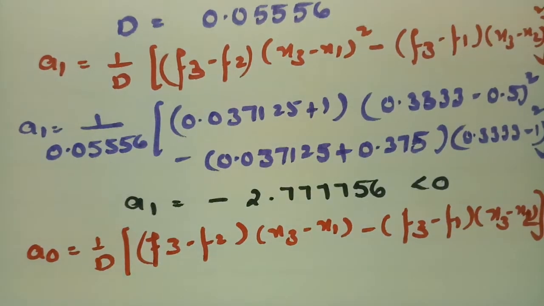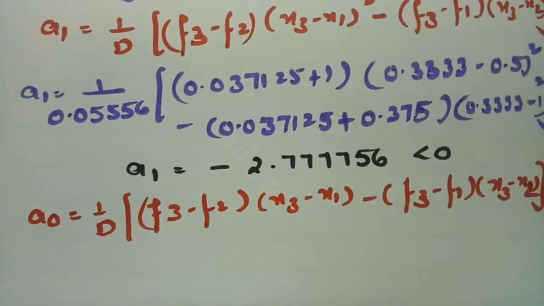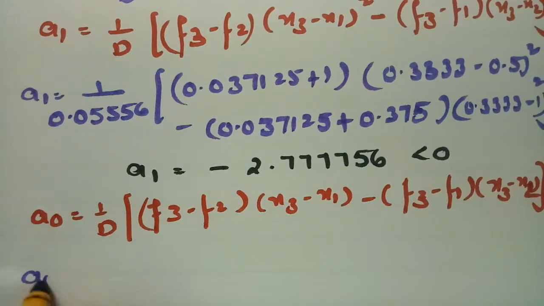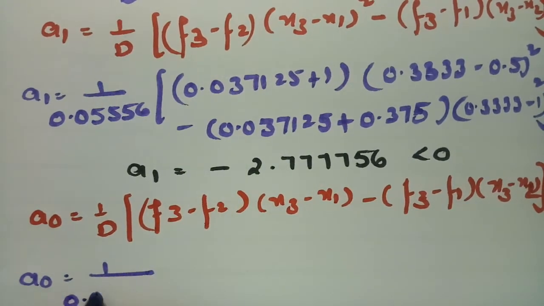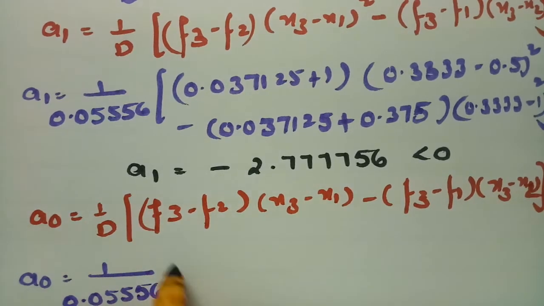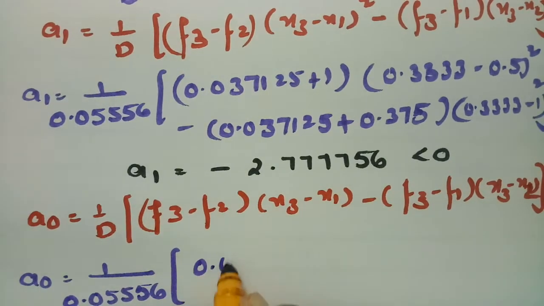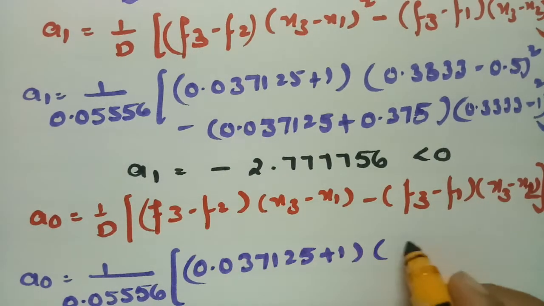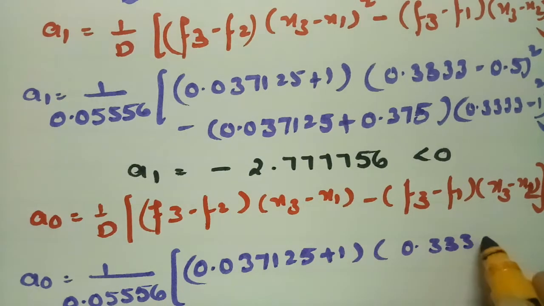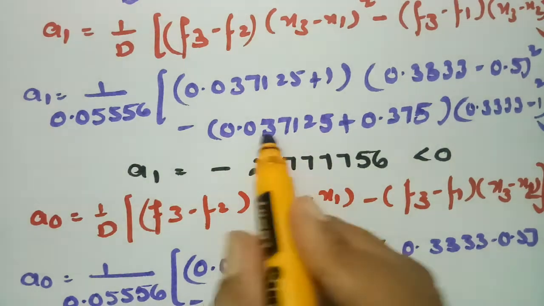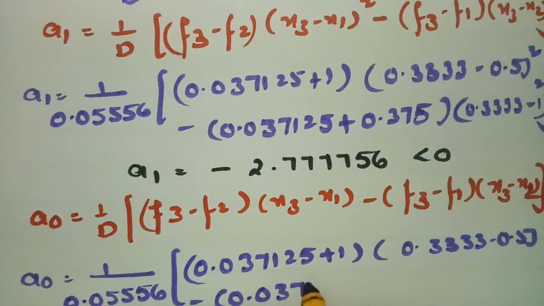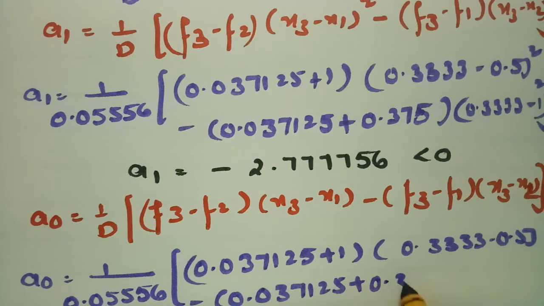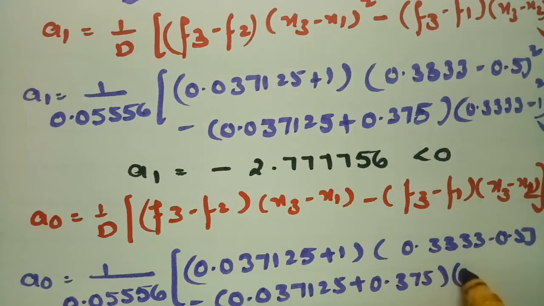So if I substitute the values, then see what happens here. A0 value is equal to 1 by 0.05556 into 0.037125 plus 1 into 0.3333 minus 0.5 minus, the same substitution, 0.037125 plus 0.375 into 0.3333 minus 1.